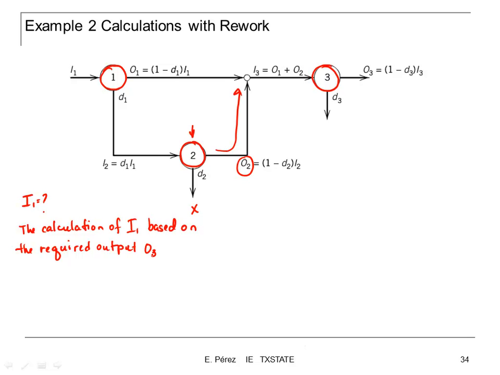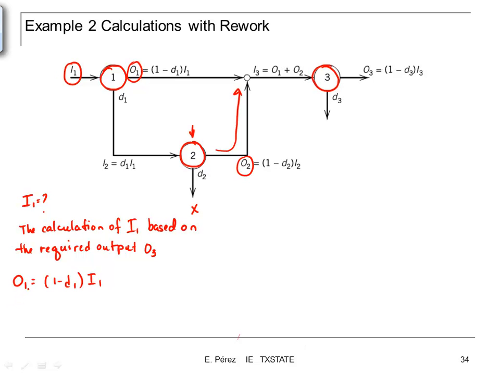So we know that the output of the first operation is going to be 1 minus the percentage of defects times the input that you're receiving from your system. Okay, so that's our output from that first operation.